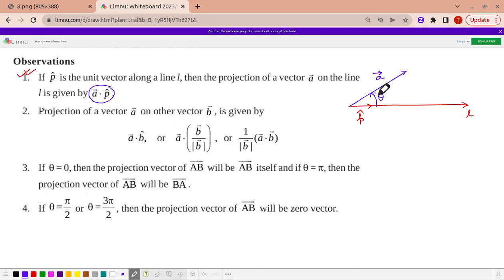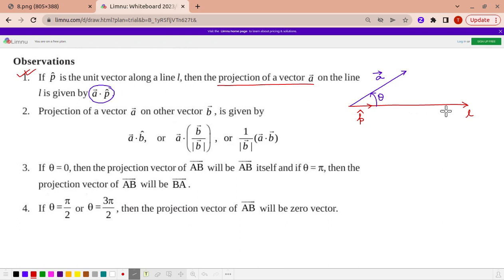What we are discussing at present is how to compute the projection of a vector A. That is the point of discussion: how to find the projection of a vector A along a line L, where we get a unit vector P cap.